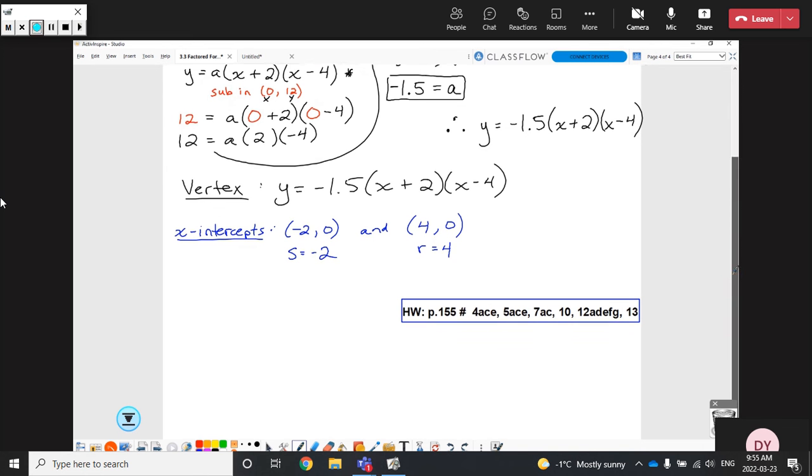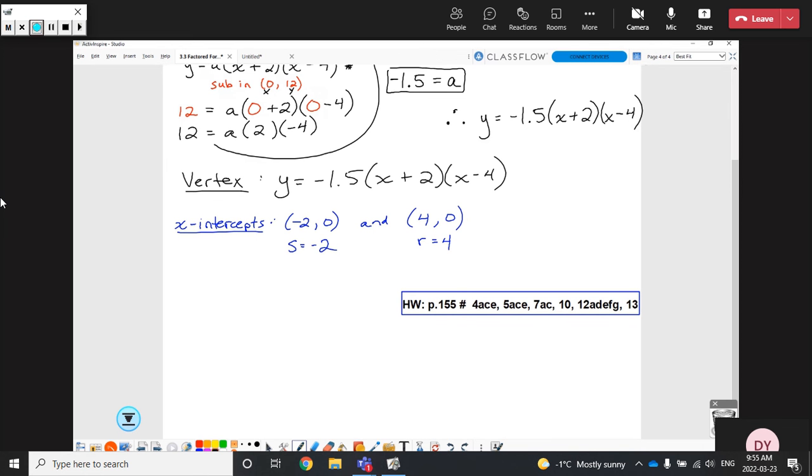So to get the vertex, we need the axis of symmetry. And to get that, we're going to add the x-intercepts together and divide it by 2 to get the average. We have negative 2 plus 4 divided by 2. We get 2 over 2, which is 1.